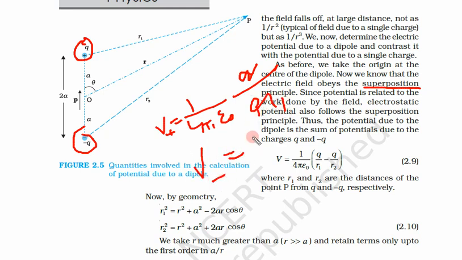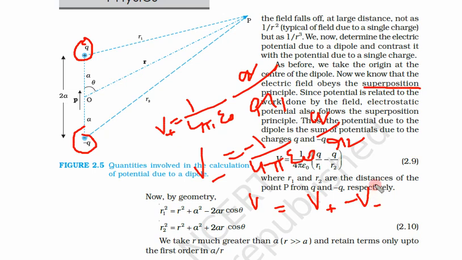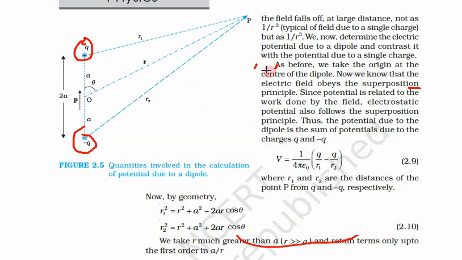Potential due to the negative charge is 1 upon 4 pi epsilon naught, minus q upon distance r2. When we add these, the total potential is V positive plus V negative. So we get the formula 1 upon 4 pi epsilon naught, that is common, q upon r1 minus q upon r2. This is the formula that we get for potential.